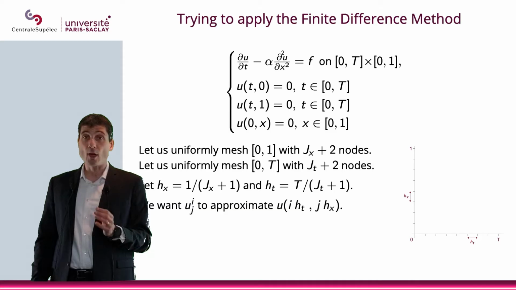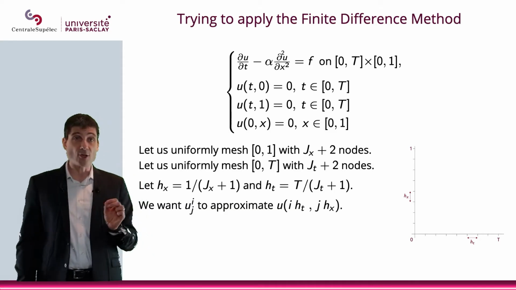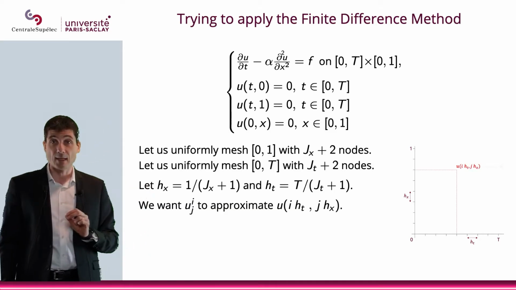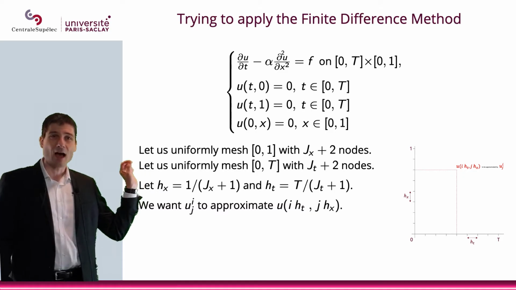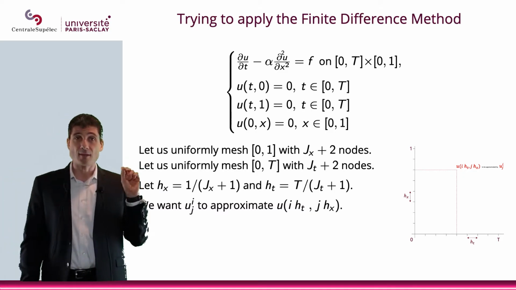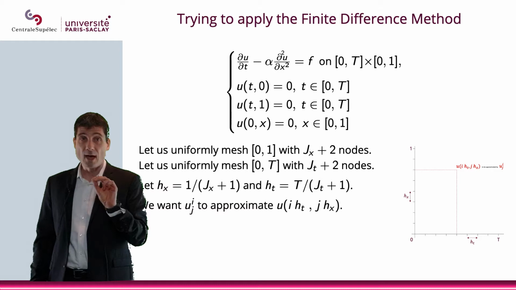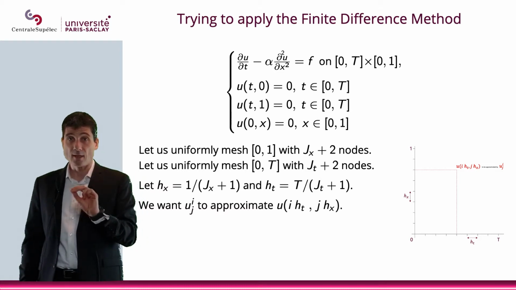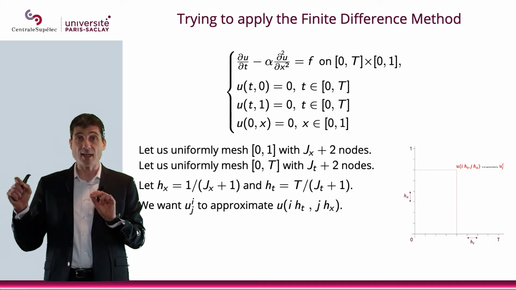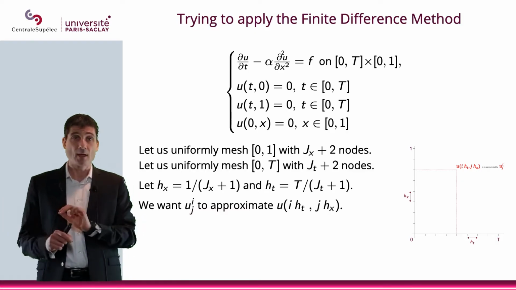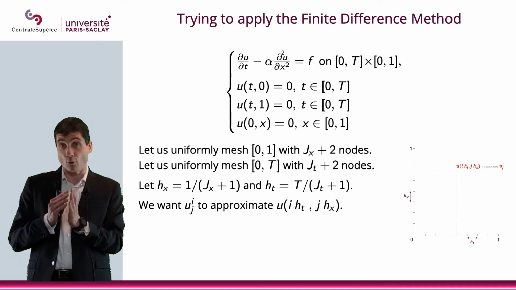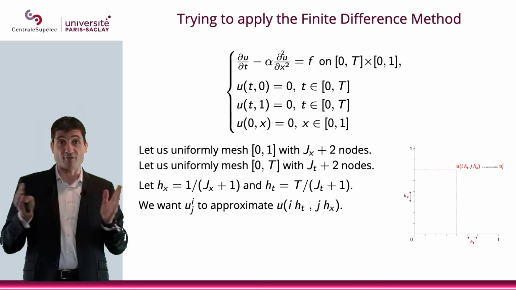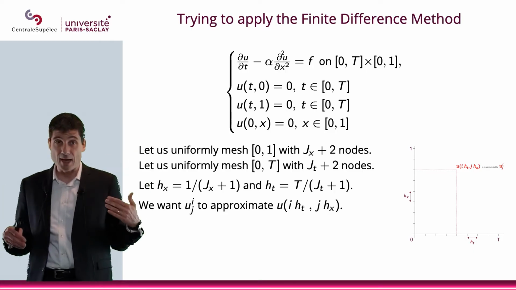Now, I'm going to approximate the value of the solution to this PDE with boundary conditions and initial condition. I'm going to approximate this unknown u at the point i times ht and j times hx, right? So that will be a point of the grid. I have a grid, right? I've basically subdivided my time, subdivided my space.